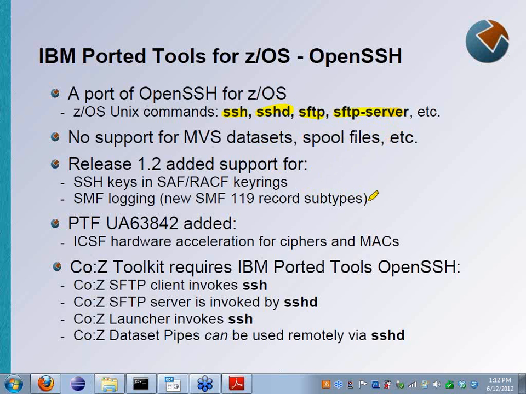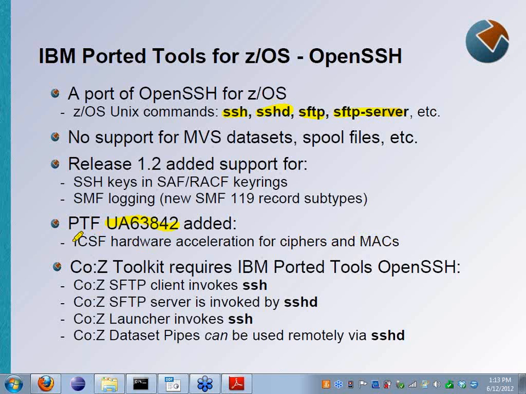There is a bunch of enablement in IBM's port of OpenSSH for z/OS, and some interesting things are that since release 1.2, you can store SSH keys in a RACF or your security product keyring. SMF logging is done out of SSH with some new subtypes for SMF record 119s. And then as of February this year, a PTF came out which adds support for hardware acceleration of its ciphers and MACs, like the SHA-1 MACs used by SSH.